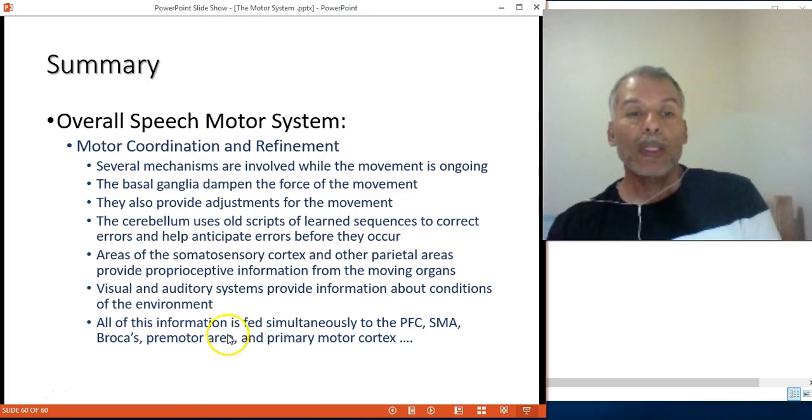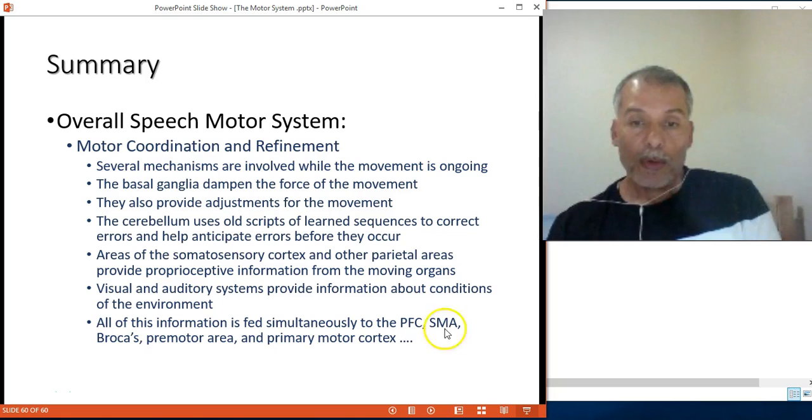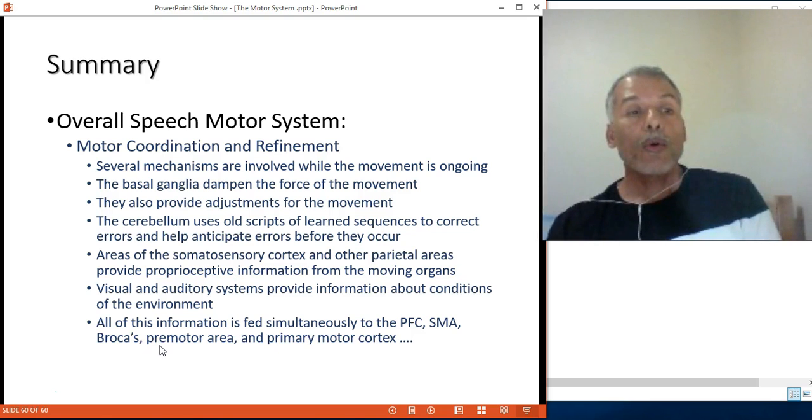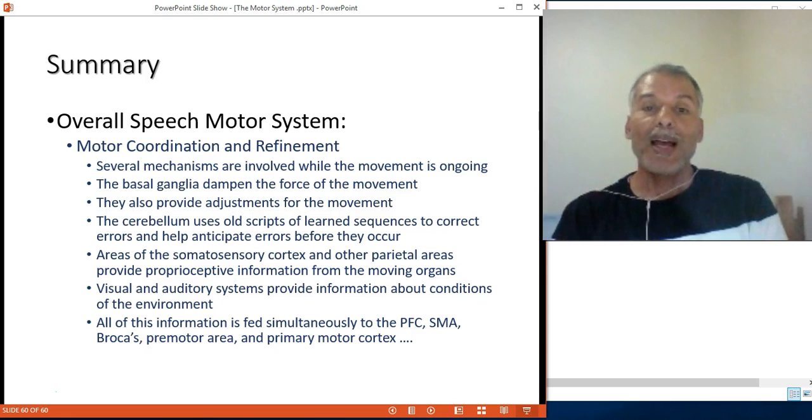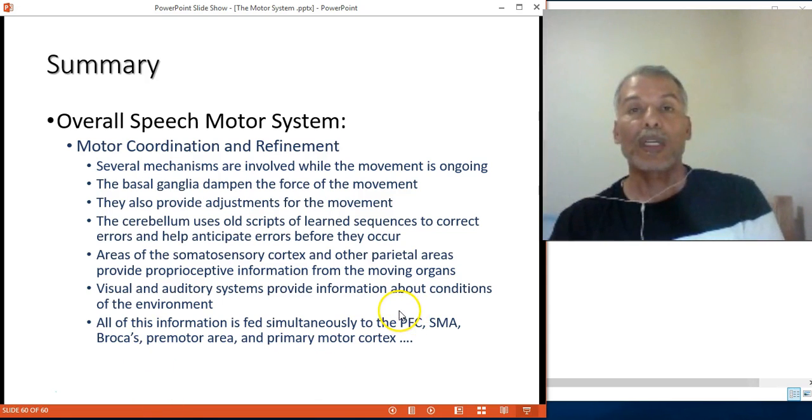So all of this information is fed at the same time, simultaneously, to the prefrontal cortex, to the supplementary motor area, to Broca's area, and the premotor area. Why the premotor area? The premotor area, supplementary motor area, and Broca's are all planning and programming. So they need to get information immediately, at the same time as the prefrontal cortex.